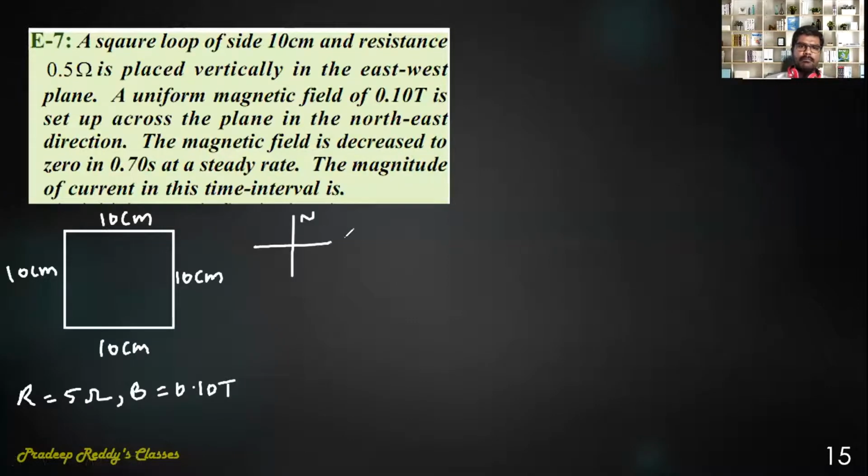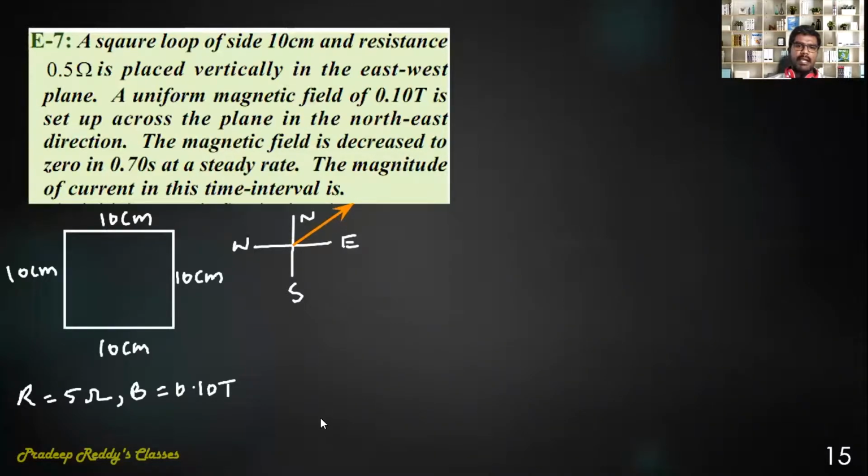This is north, east, west and south. The coil is placed vertically in the east-west direction, and the magnetic field is set up along the plane in the northeast direction.